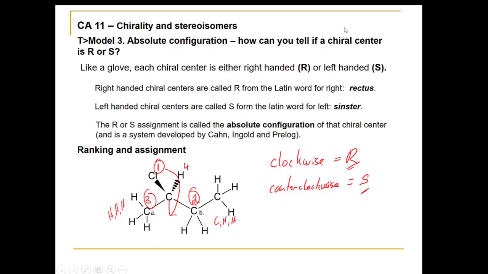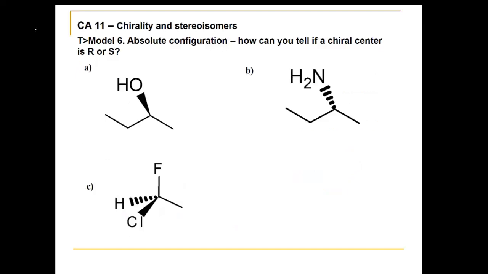So to make sure that you're feeling comfortable with this sort of approach, I ask you to turn your attention to these examples and designate whether or not the chiral center is R or S. Okay, so let's go through some of these examples. Now, I did want to remind you that you can't designate a chiral center as R or S unless it's drawn as a Fischer projection or a perspective drawing, a wedge and a dash.